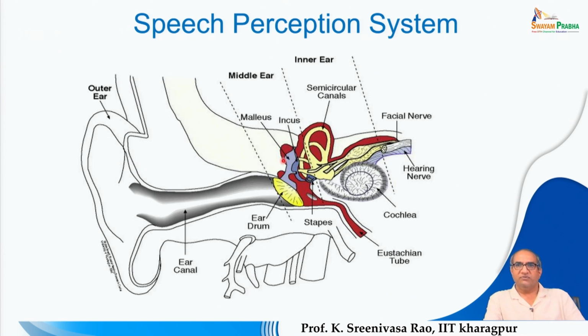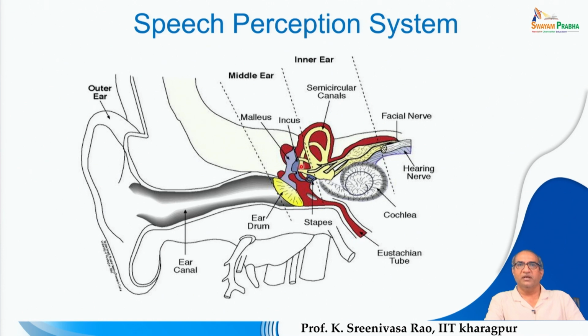Okay. So next we move on to the speech perception system. Here is again a cross-sectional view of our hearing mechanism, our ear. Here you can see this is your outer ear, and this is the ear canal, and through the ear canal the outer ear is connected to the middle ear.